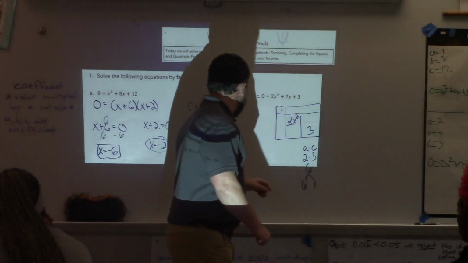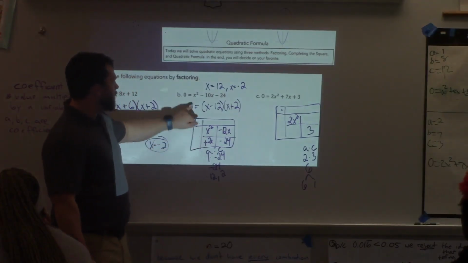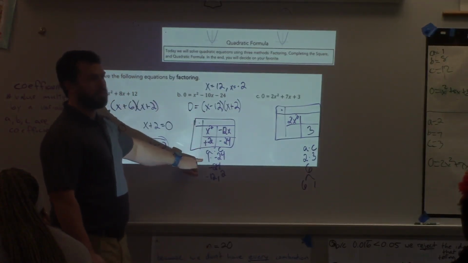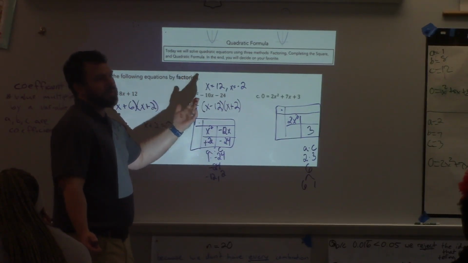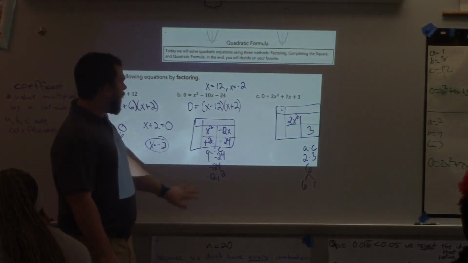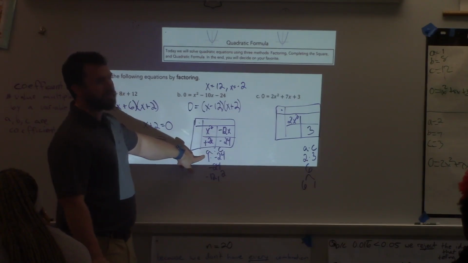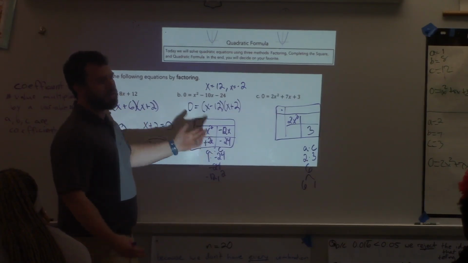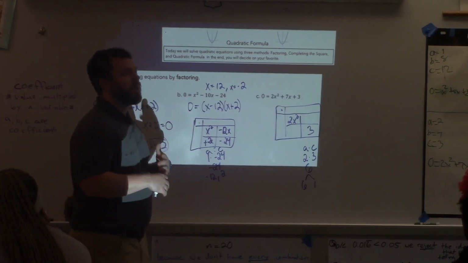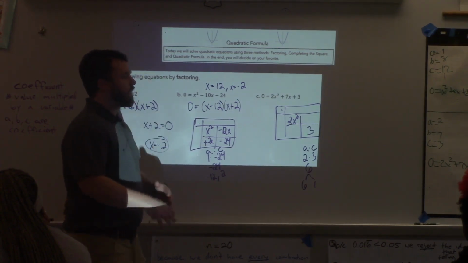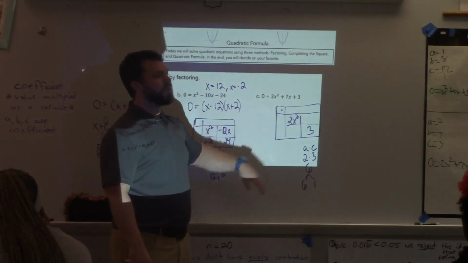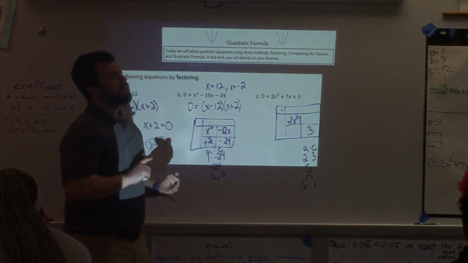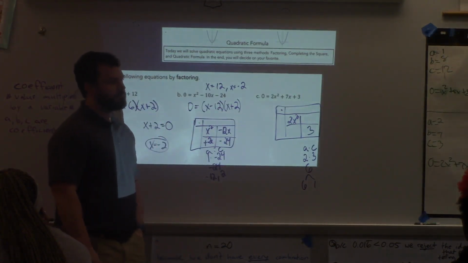That's what I was pointing out right here. Notice in this case where A is 1, times negative 24 is just negative 24. So you don't have to worry about the A when A is 1, because it doesn't change anything, okay? If you can't find factors of A times C that add up to B, that means you cannot factor and you gotta use a different technique.